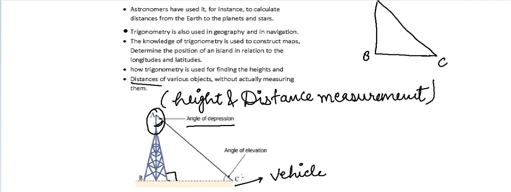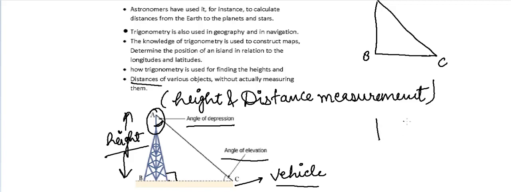Now similarly, if the vehicle is here and you want to know the height, and you know this angle, what is this angle? This is the angle of elevation. We know depression is something which is low and elevation is something which goes high.